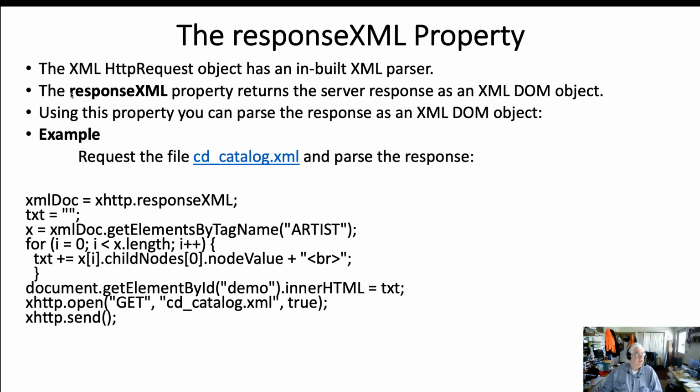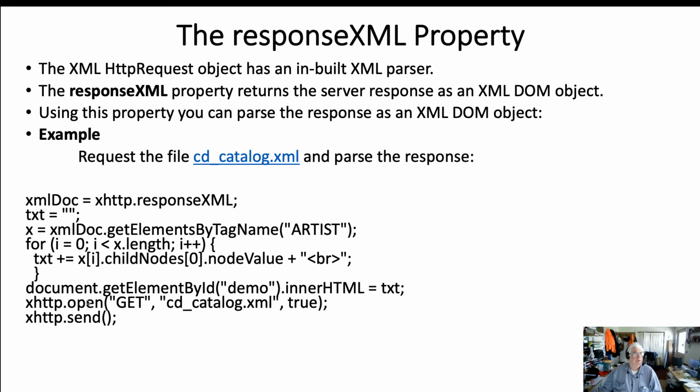The responseXML property returns the server response in an XML DOM object, and using this property you can parse the response. So if we requested the file cd_catalog.xml, the parsed response would look like that.